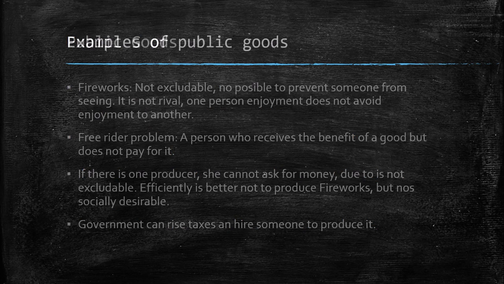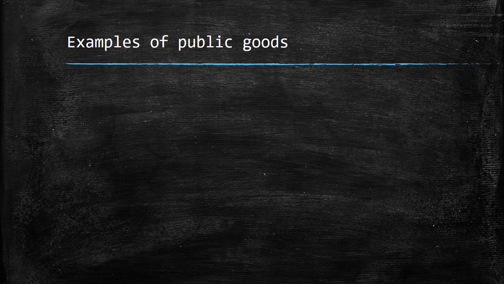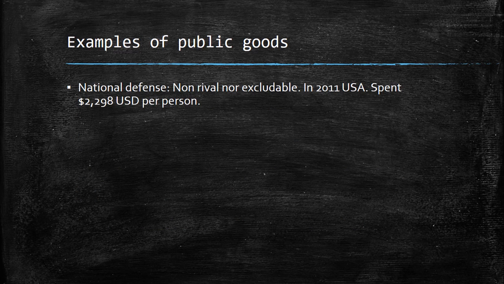Okay, so another example of public goods that is really evident is national defense. You are just in the United States of America, and whether you like it or not, you will benefit from national defense.